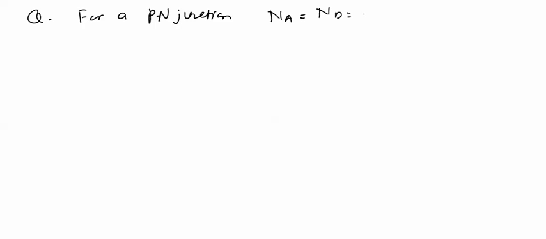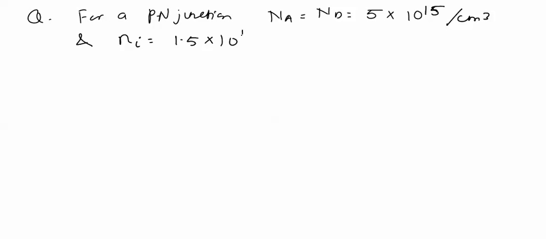For a PN junction, Na equal to Nd equal to 5 into 10 raised to power 15 per centimeter cube, and Ni equal to 1.5 into 10 raised to power 10 per centimeter cube.